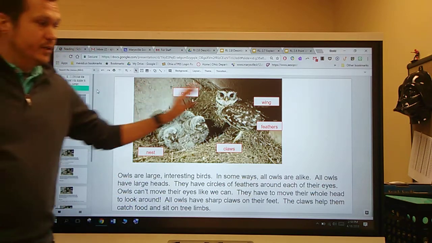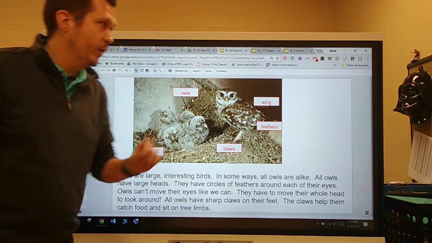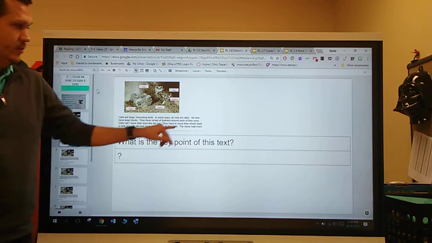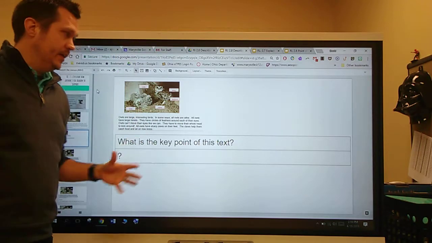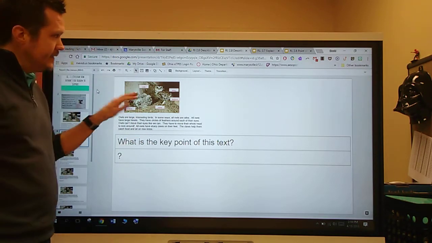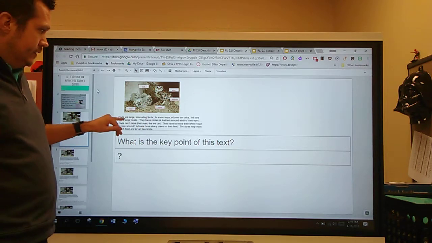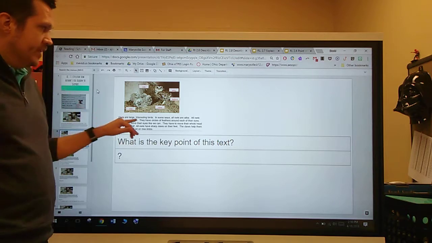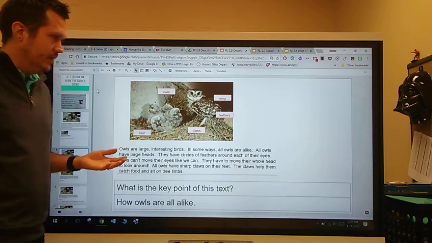So as a reader, we have to look at all this information and find what's the main point, okay? So what is the key point of this text? What's this author trying to teach us? What's that main thing? Well, let me think about that. I see here, he's teaching about owls here, and this is telling owls are large, interesting birds. Okay, so this is teaching me all about owls and how they're kind of all the same, right?